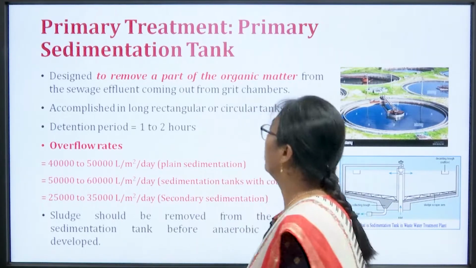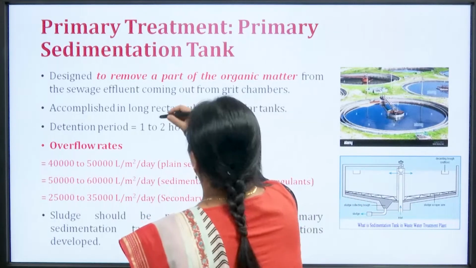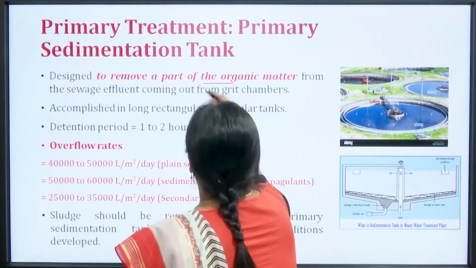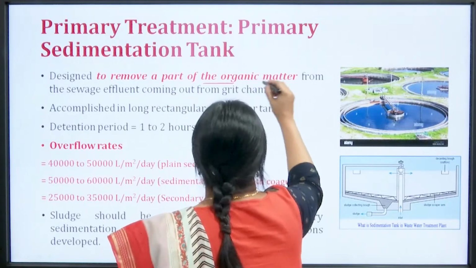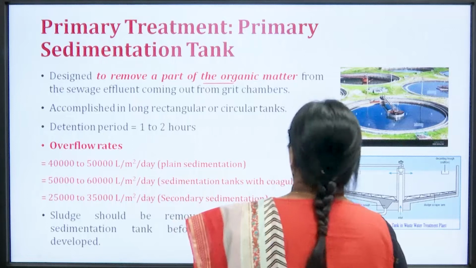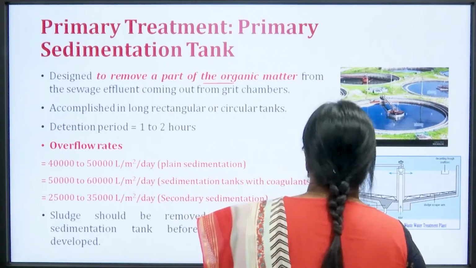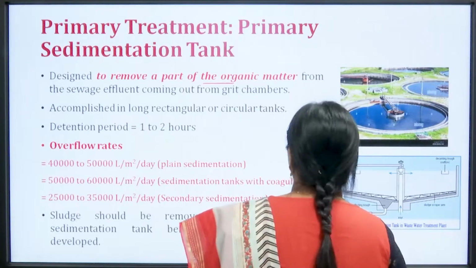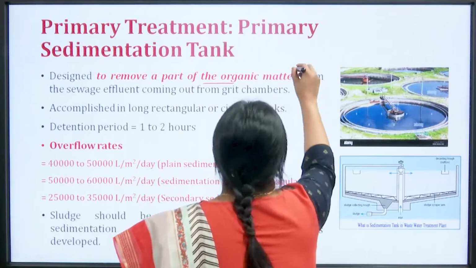So, the inorganic matter is removed by grit chambers, and the sedimentation tank is designed to remove a part of the organic matter. It is only a part, not the whole, because we obviously want to remove all the organic matter, but that is not possible.